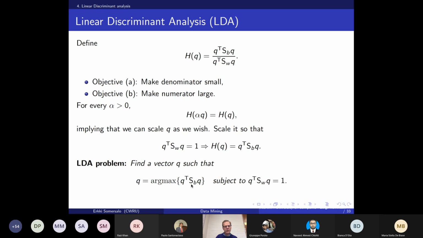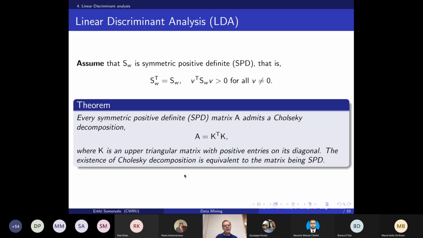There are many ways to address this problem, and one way of doing this is to use the Lagrange multipliers. Before I do that, I remind you of one result from linear algebra, which I'm going to use here.